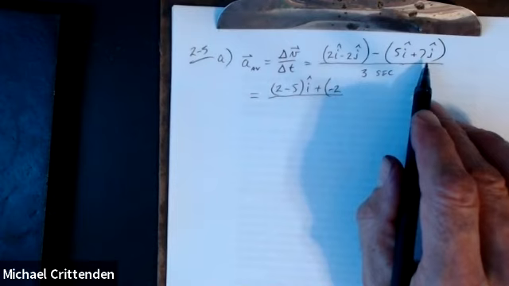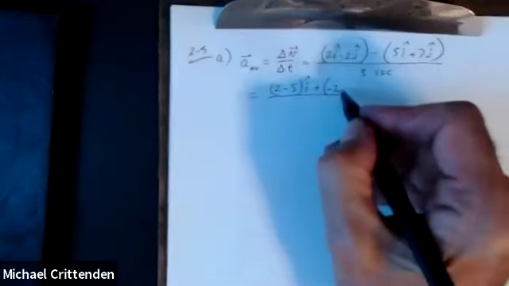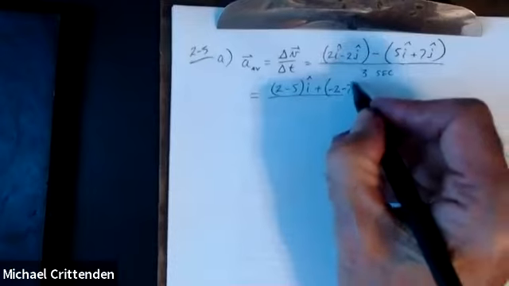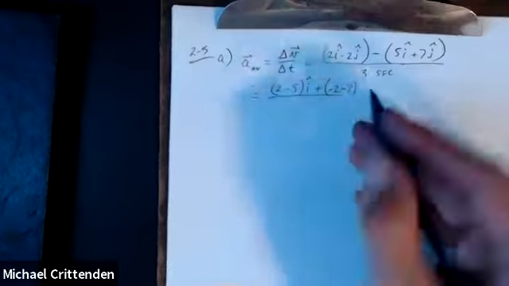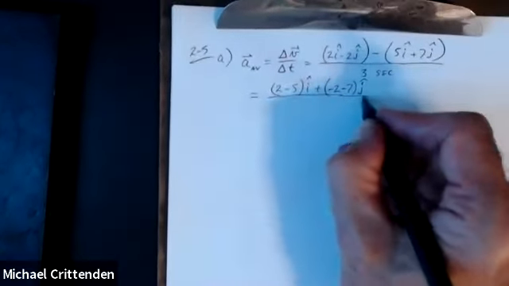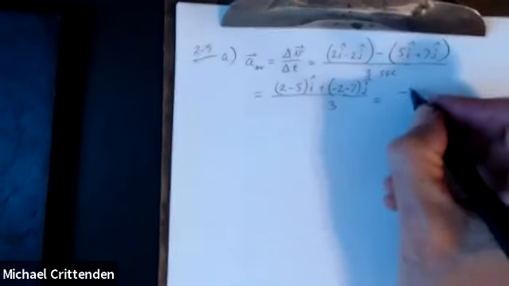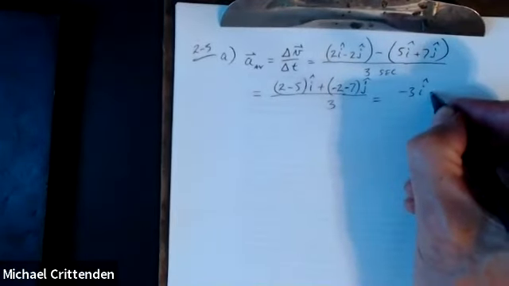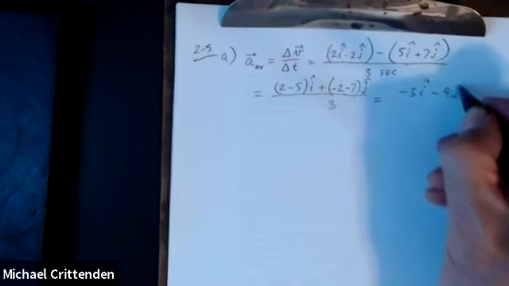I know you all know better, but that doesn't stop people from doing it. So, I mean, everybody has bad days, but negative 7. So distributive property, factor out the i from those two terms, factor out the j from those two terms. So we've got negative 3i and negative 9j.